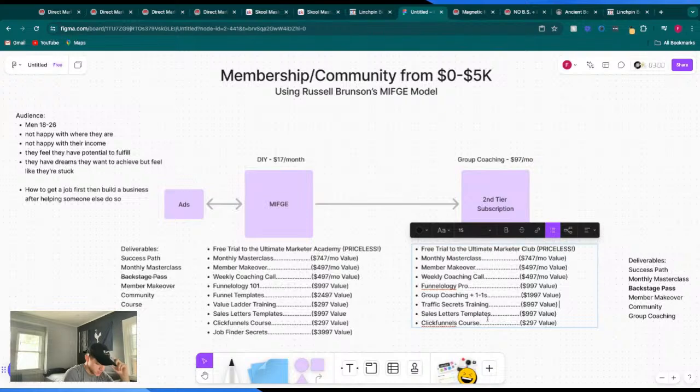Sales letter templates. So here we can do backstage pass for sure. And here is going to be more high-level master classes. They'll get backstage on what I do for the linchpin, and then also backstage pass on what I do for work.